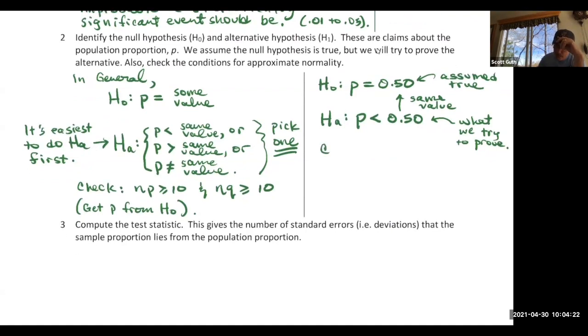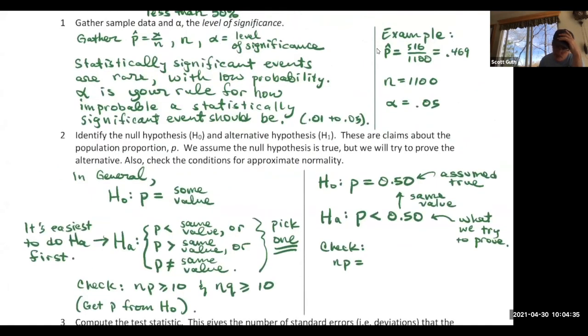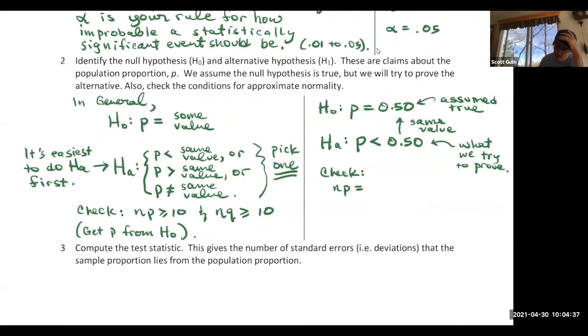Now the check, you use the P from the null hypothesis. So NP, N was 1100, I think. Yeah, N is 1100. And then we're assuming P is 0.50, which is half of 1100. I think that's 550. And this is the thing that has to be at least 10.